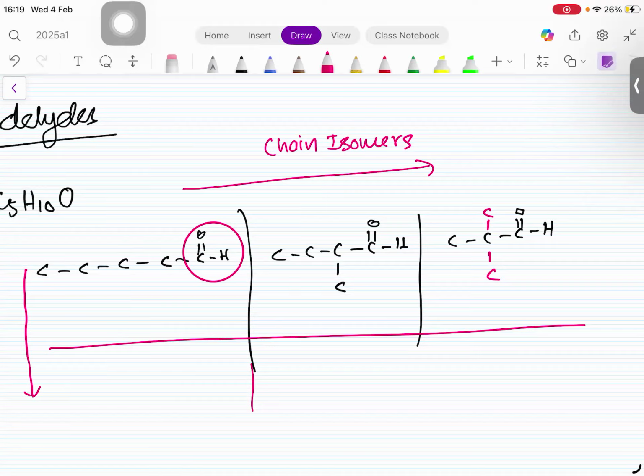But what we can do in the middle one here, it is 2-methyl butanal, we can switch its position to make another chain isomer, but with a different position of branch. Here, for example, I take this one. So it is 3-methyl butanal.